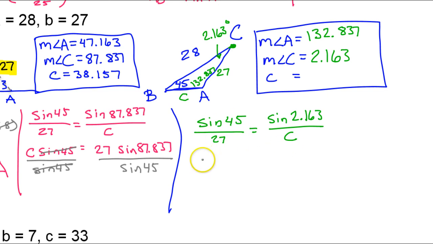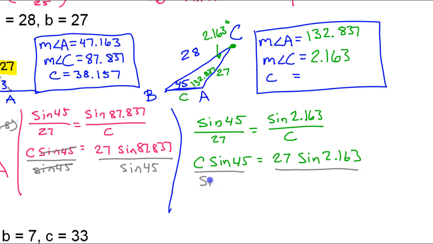So along this diagonal I will have C sine 45, and along this diagonal I will have 27 sine 2.163, and then I can get C by itself by dividing both sides by sine 45. So these are going to cancel out. So just put all this in your calculator at once and it will give you C.